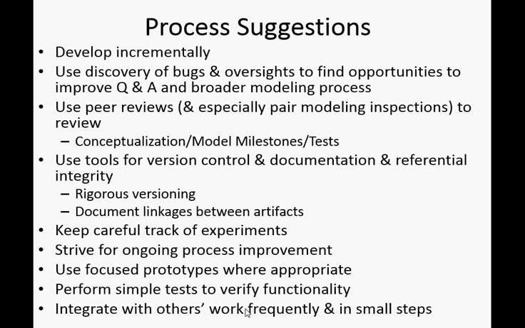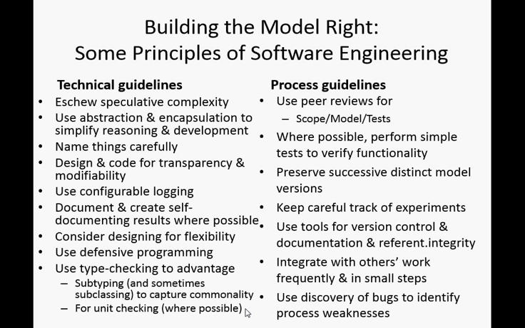But there's a set of other process guidelines that are also highly suggested. One of them is peer review. And for those who have taken 371, you will have undergone formal model inspections and have artifacts that you've created undergo peer desk checks, maybe pair programming, maybe in the form of circulating things for a walkthrough.